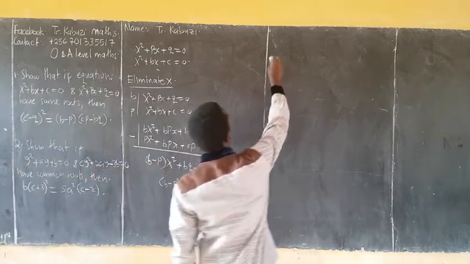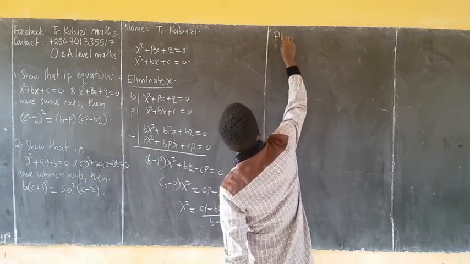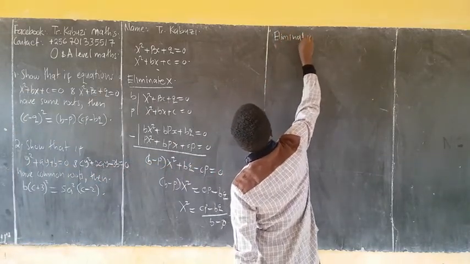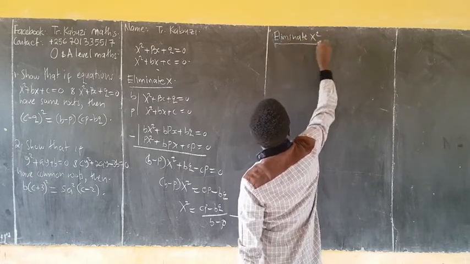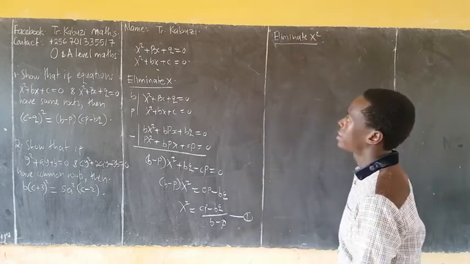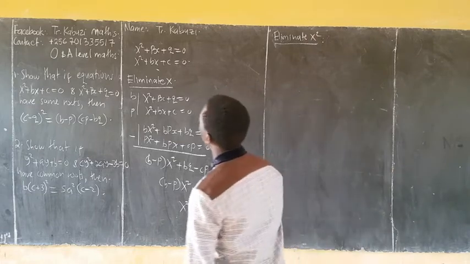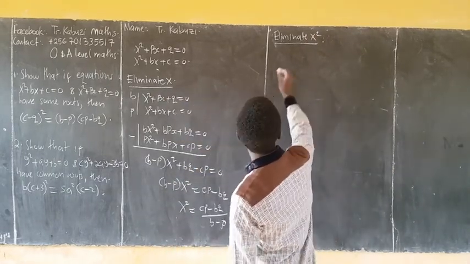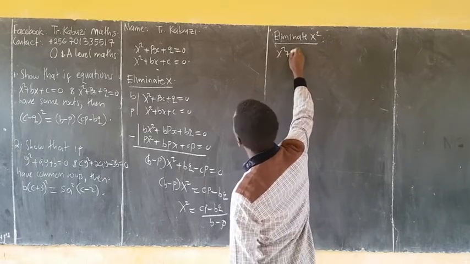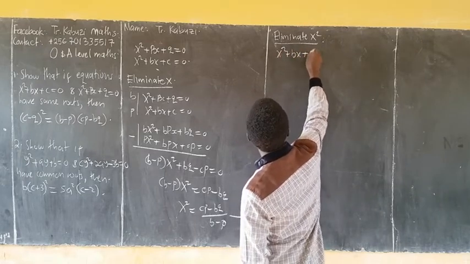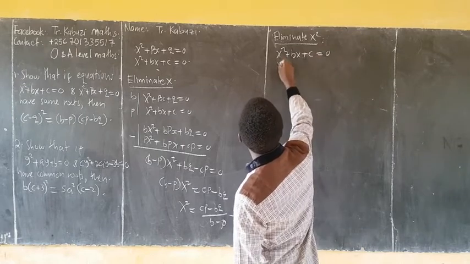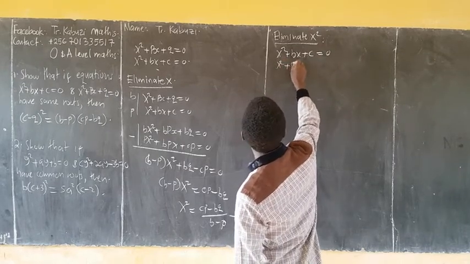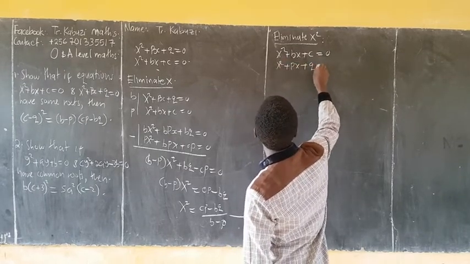Now, I'm going to eliminate x squared. If you are eliminating x squared, all I'm going to be adding is my equation here, which is x squared plus bx plus c equal to 0, then x squared plus px plus q equal to 0.